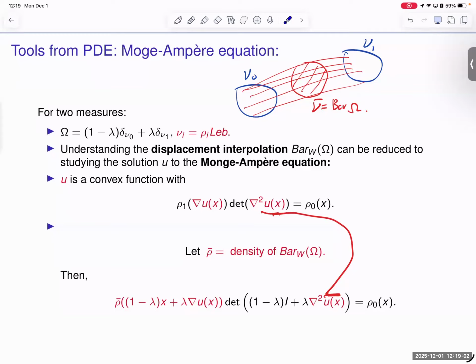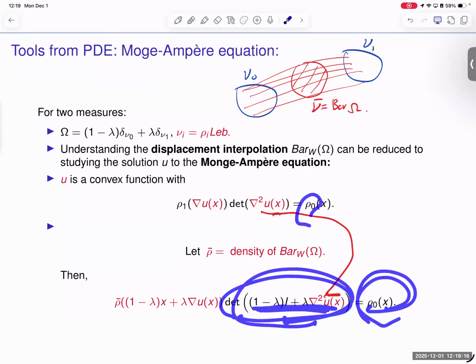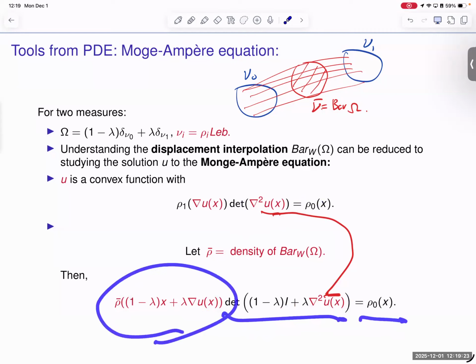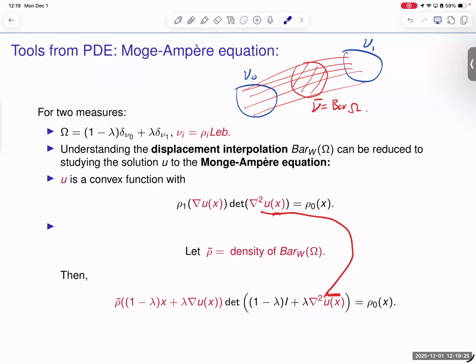For example, if u is smooth, then the Hessian is smooth, so the determinant is smooth. And if rho 0 is smooth, then rho bar, which is given by this equation, has to be smooth. So you can apply the Monge-Ampère equation to derive smoothness of rho bar when you know the smoothness of u and rho 0.